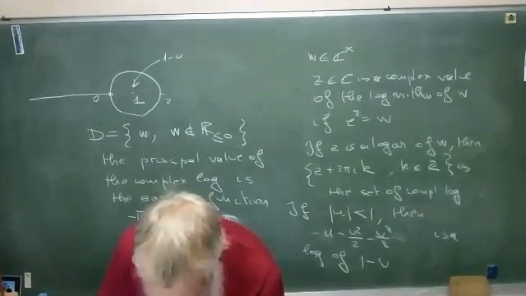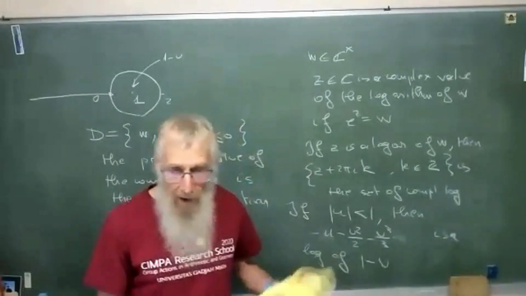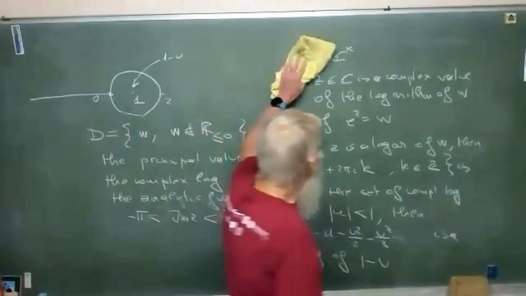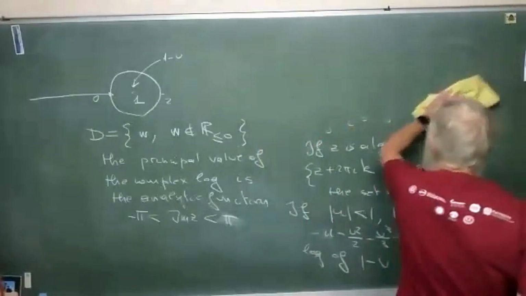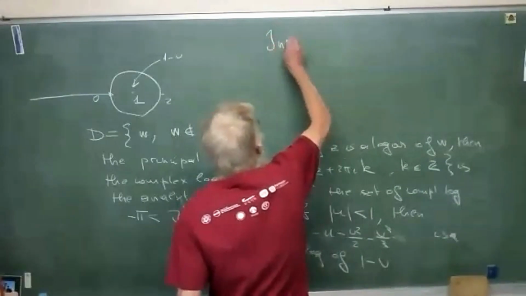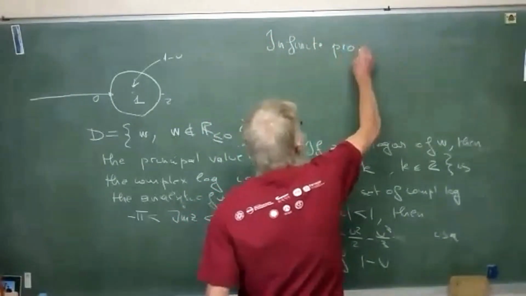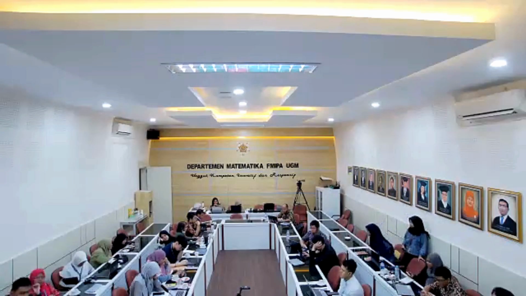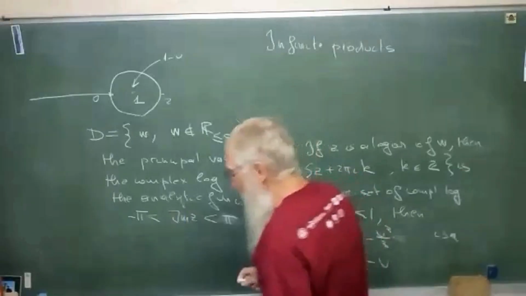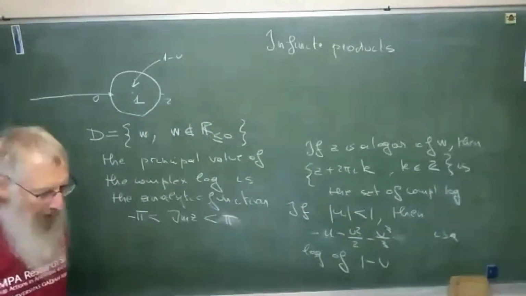Now I wish to define infinite products. And I will need the complex logarithm. Infinite products of complex numbers. So we have a sequence of complex numbers, say Zn.